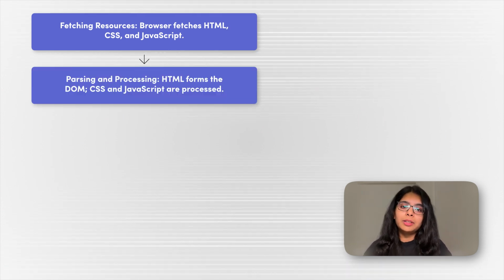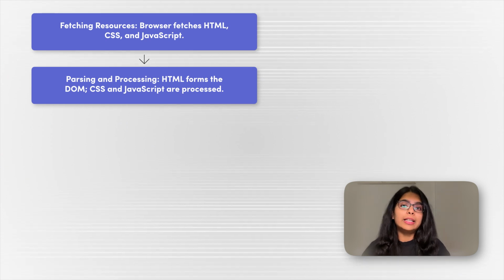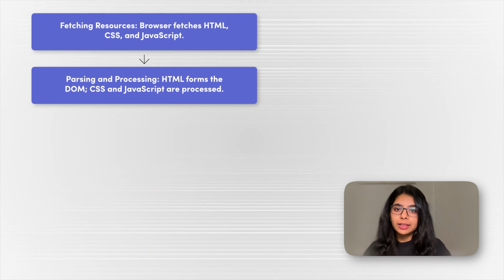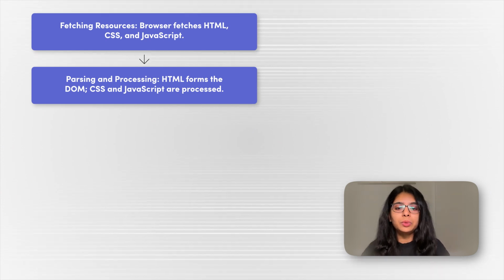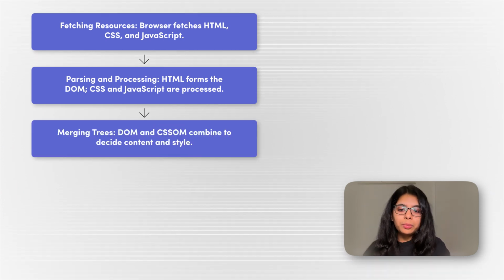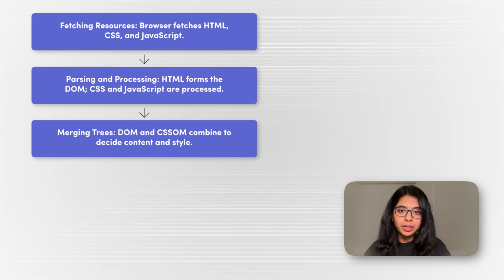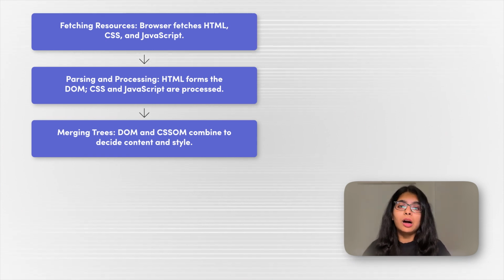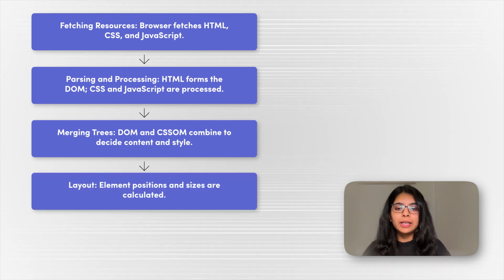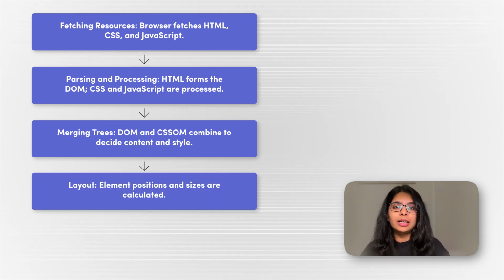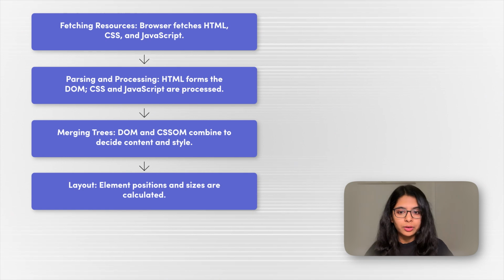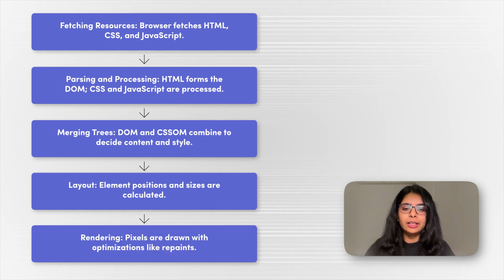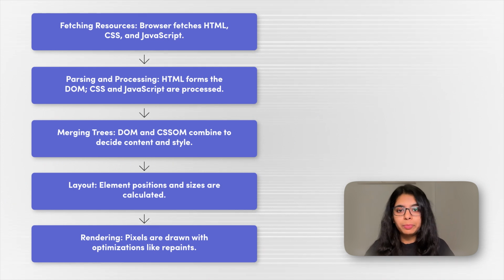Now the HTML is parsed into the DOM tree while CSS and JavaScript are processed in parallel to build the CSS object model tree and execute scripts. Then the DOM tree and the CSS object model tree merge to decide what gets displayed and how it gets displayed. Then the browser recalculates element positions and sizes based on the viewport. Finally, the pixels are drawn on the screen, optimized with techniques like repaints and speculative parsing.